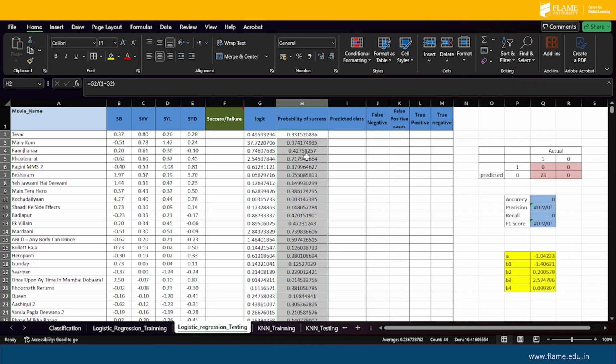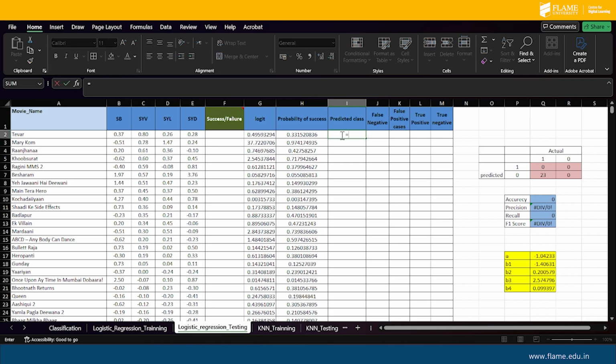Now let us predict what is the class or category, either success or failure. So if we consider that my cutoff probability or threshold is 0.5, means whatever the probability value, if it is 0.5 or more, then we will consider that particular case as 1, and below it will be 0.